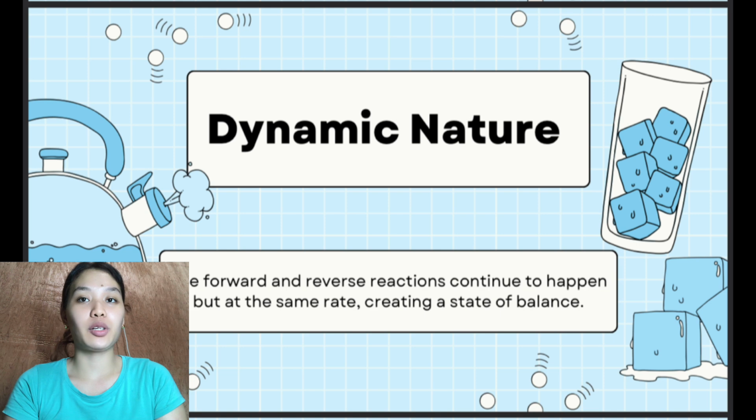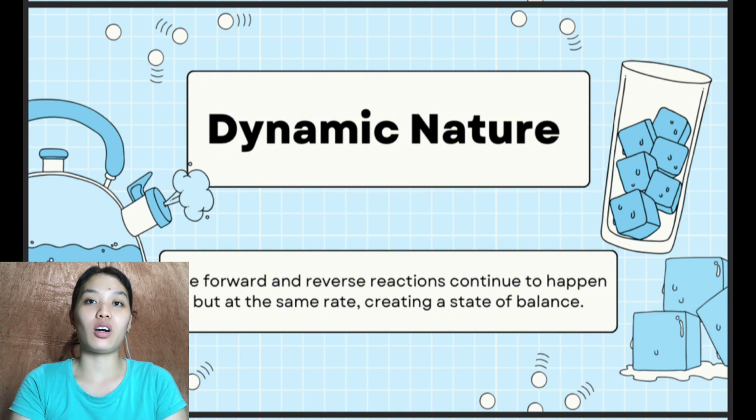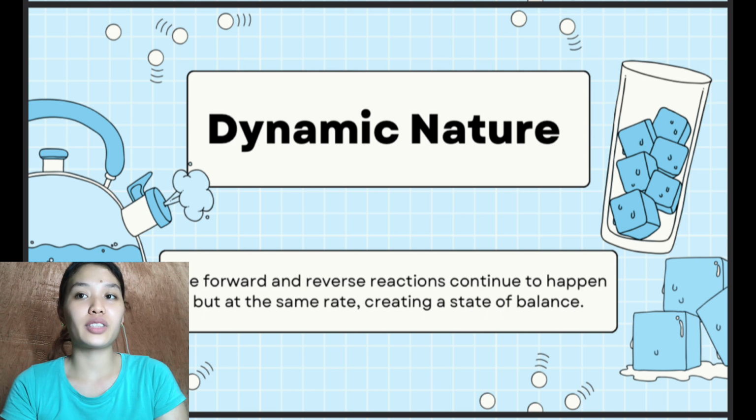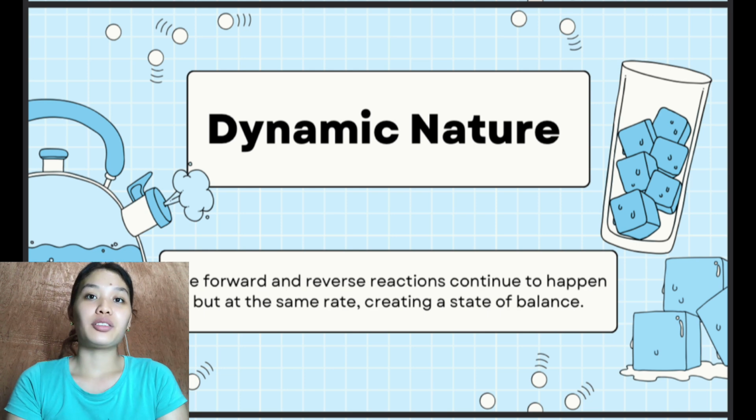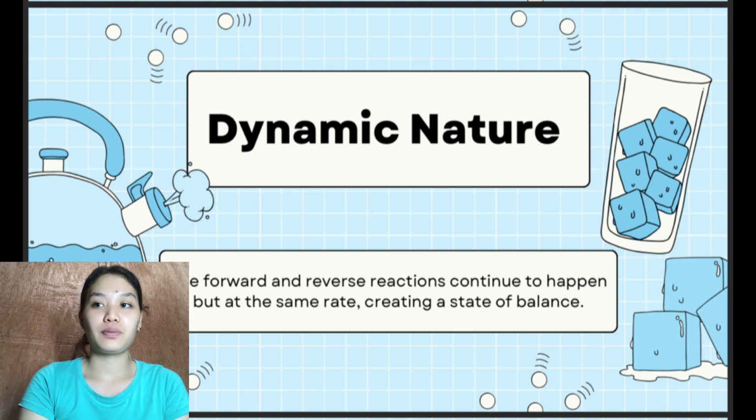Dynamic equilibrium is the condition where the rate of the forward reaction equals the rate of the reverse reaction, and the concentrations of all reactants and products remain constant. The reaction is ongoing, but there is no net change in the concentration of reactants and products.